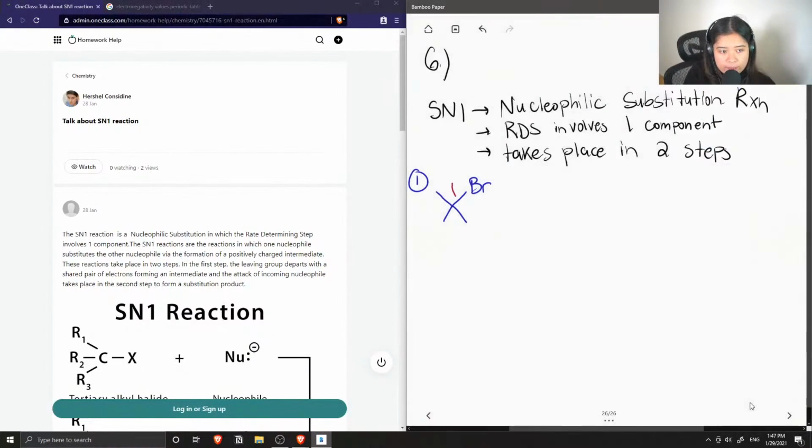The first step is the loss of our leaving group, which is bromine. After bromine leaves, we get this positively charged carbon group, called a carbocation.